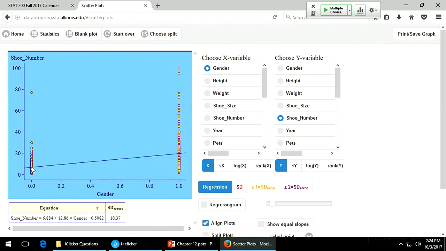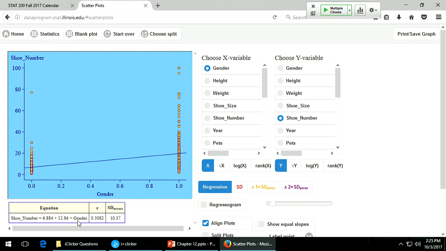What do you think this point is right here, this 6.884? What do you think that is? Do you know what that would be? It is an intercept, but because it's an intercept, it's when your x variable, gender, is equal to 0.